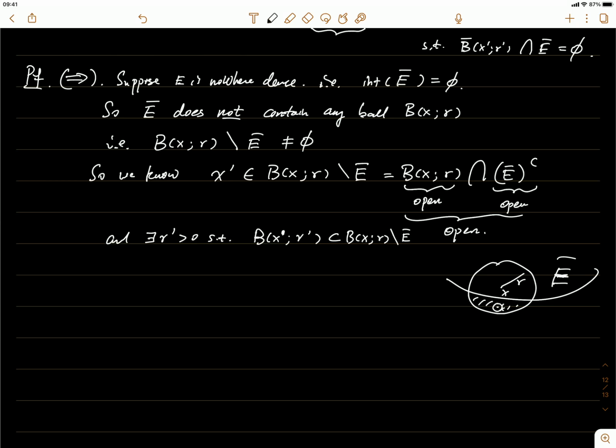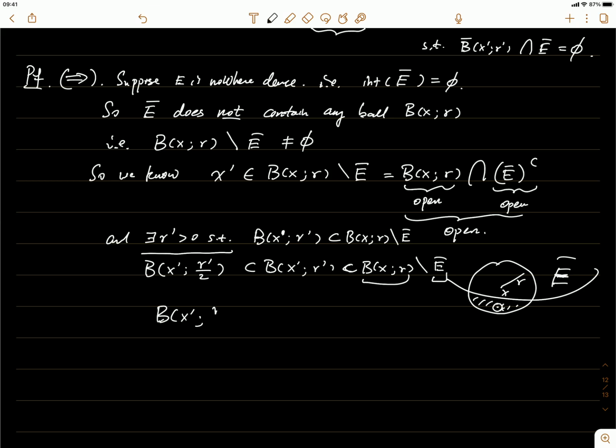And it's open means I can find a ball here. So you can see that if I take the closure of this ball with half of the radius, this will still be inside this B(x prime, r prime), right? And this means that it's inside the B(x, r) minus E closure. This is inside this, that means it's inside here, but not inside here.